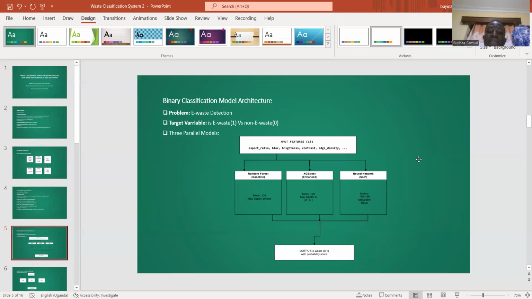These 18 input features are taken into random forest, that is the baseline, XGBoost, that is the enhanced, and neural network, that is majorly the MLP.